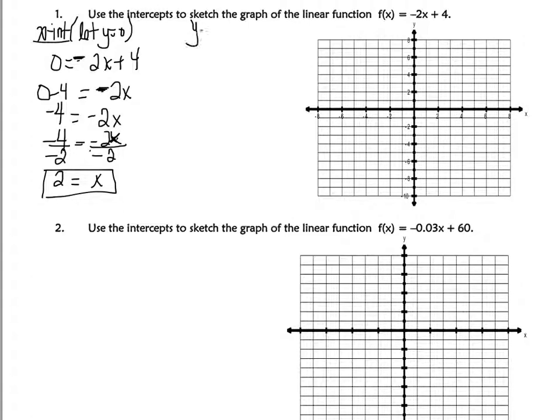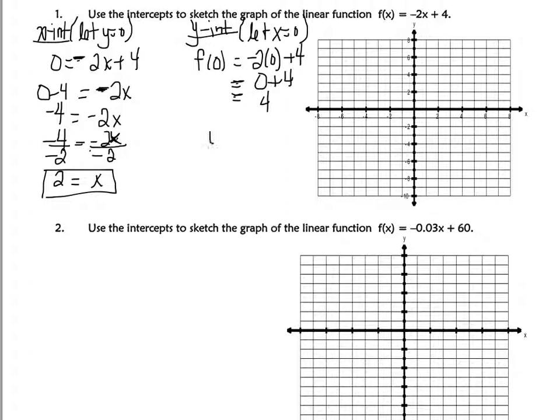And then the y-intercept, you're going to let x be 0. So then that's going to be f of 0 equals negative 2 by 0 plus 4, which is 0 plus 4, which is 4.